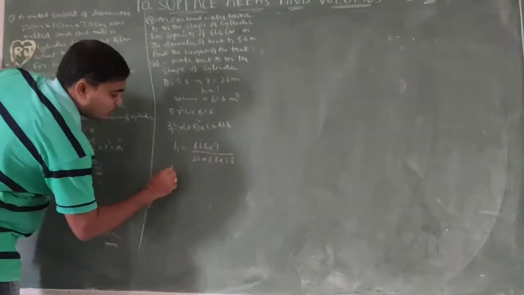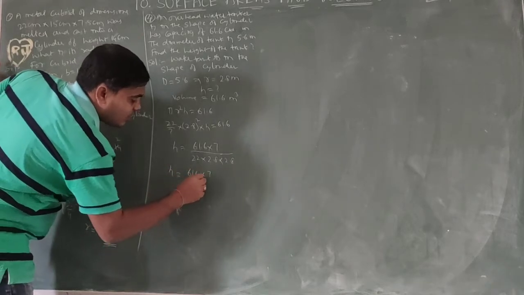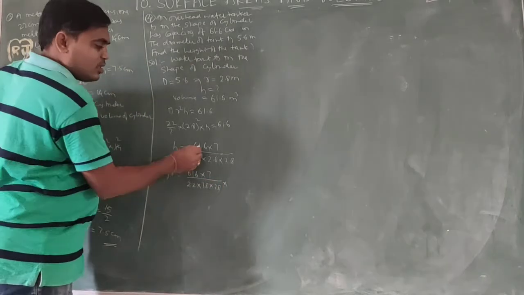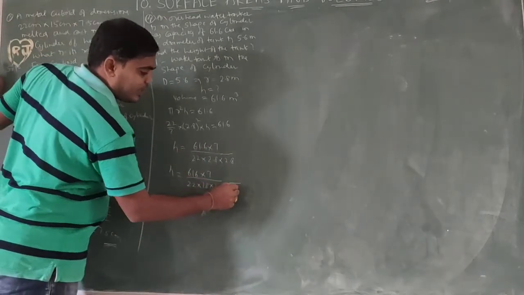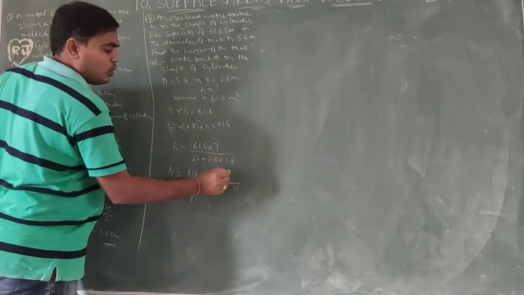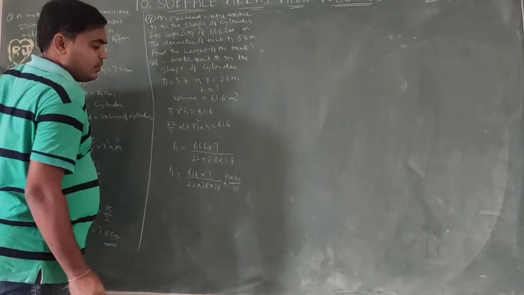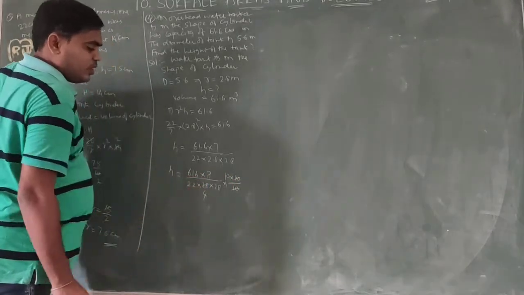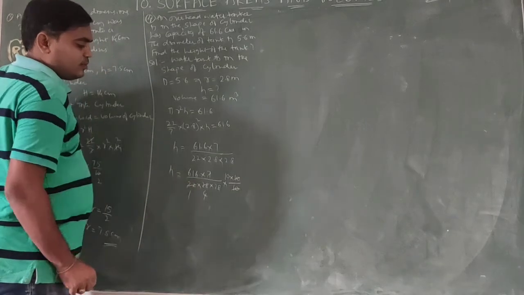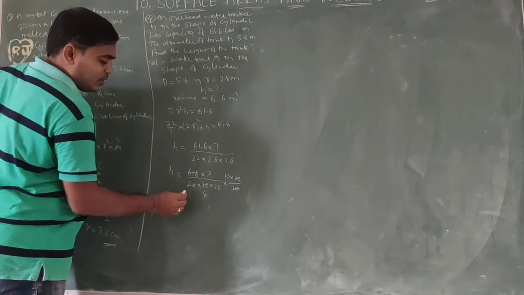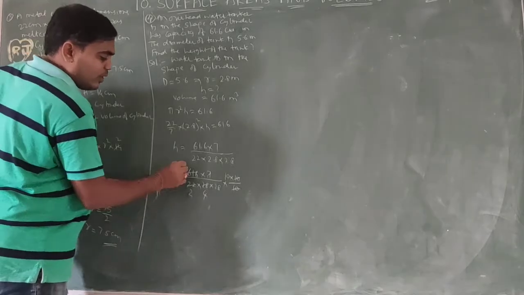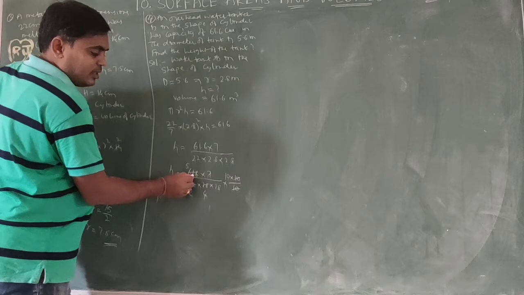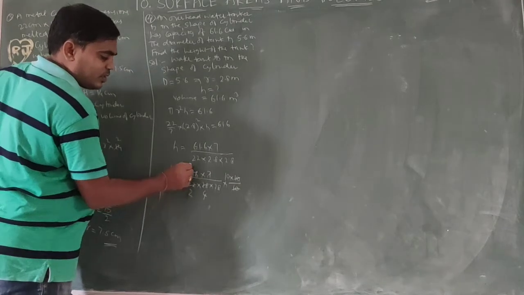So h equals 616 into 7 over 22 into 28 into 28. Here numerator 10 into 10, so one of the 10 you can cancel. 7 into 1, 7 into 28. 22 into 11 into 2, 11 into 5, 55, 11 into 6, 66.